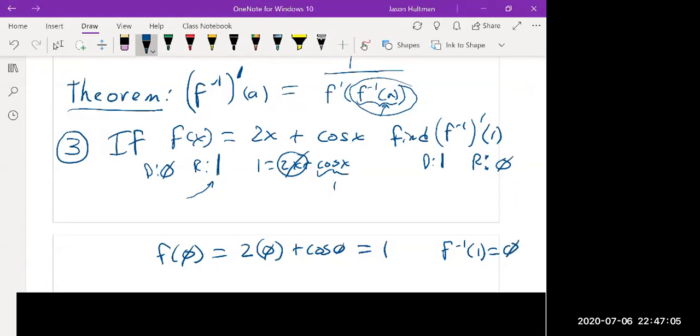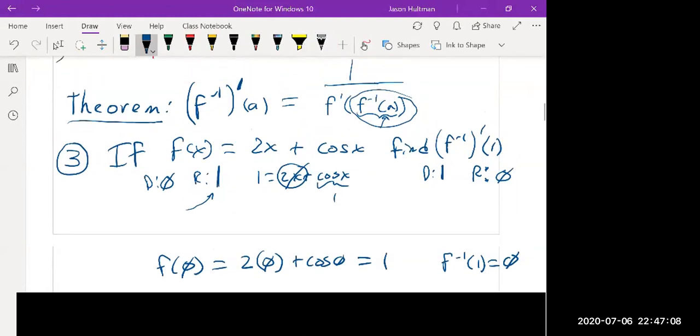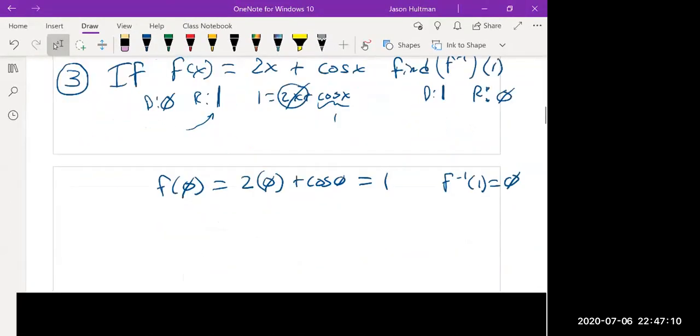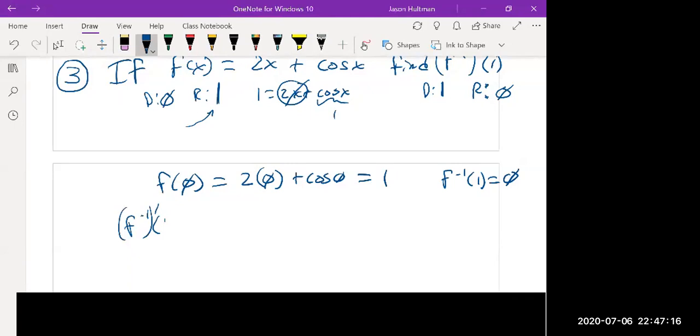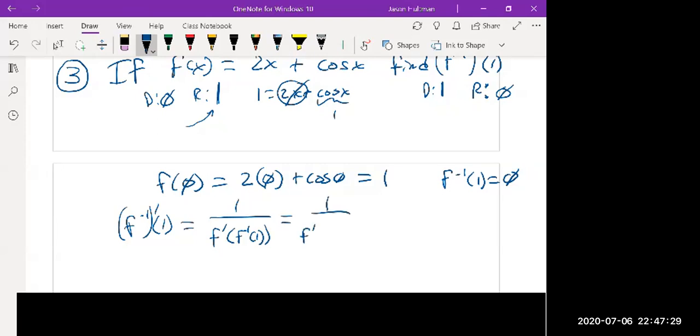Okay, so now this is what we want to do. We're going to take our theorem and we're going to say that f inverse prime of 1 is equal to 1 over f prime of f inverse of 1, which is equal to 1 over f prime of 0, right?